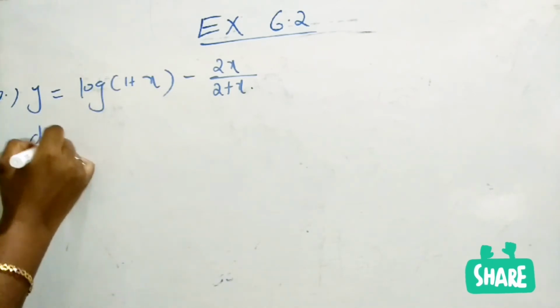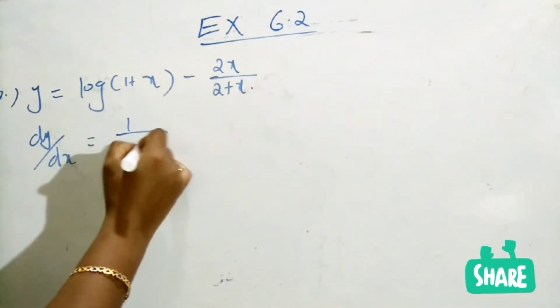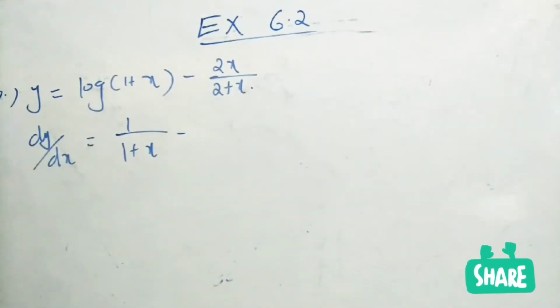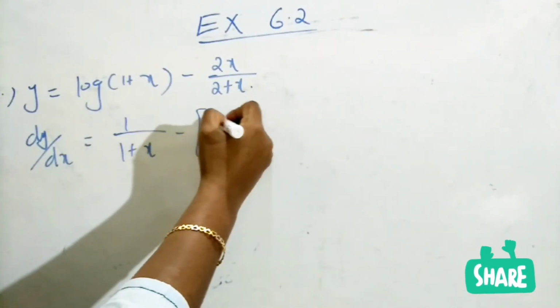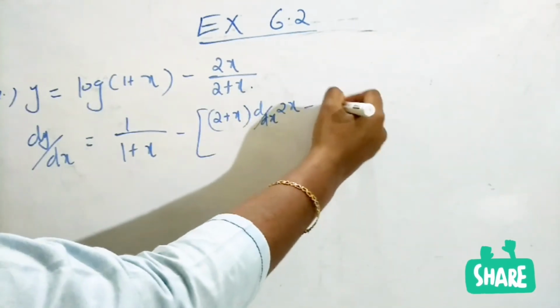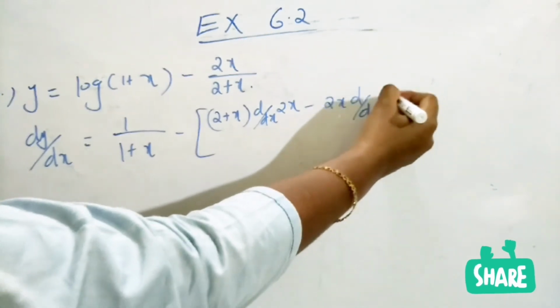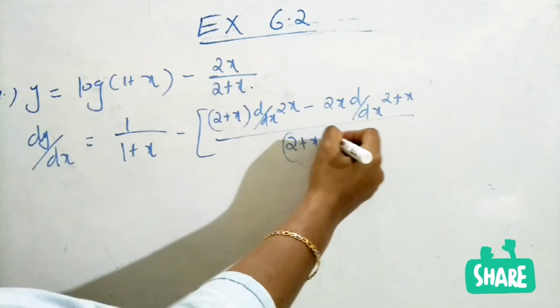Then we will take the derivative. dy by dx is equal to the derivative of log of 1 plus x, which is 1 by 1 plus x, minus the derivative of 2x divided by 2 plus x. Then we need to use the u by v rule. Then we will get 2 plus x into d by dx of 2x, minus 2x into d by dx of 2 plus x, all divided by 2 plus x all square.